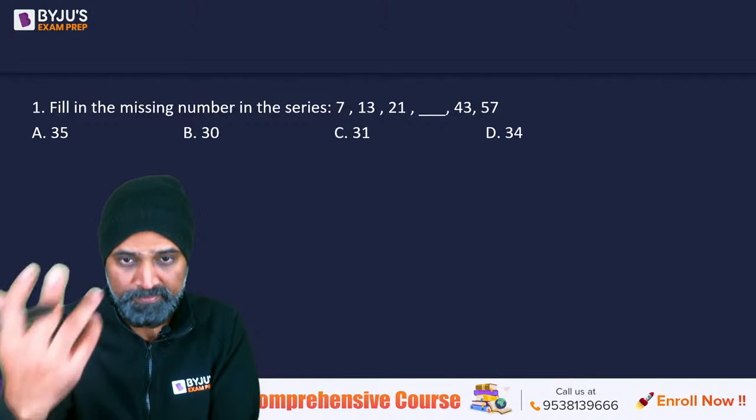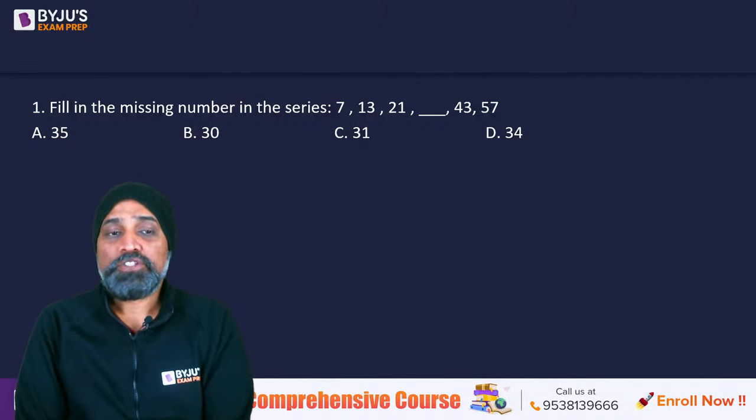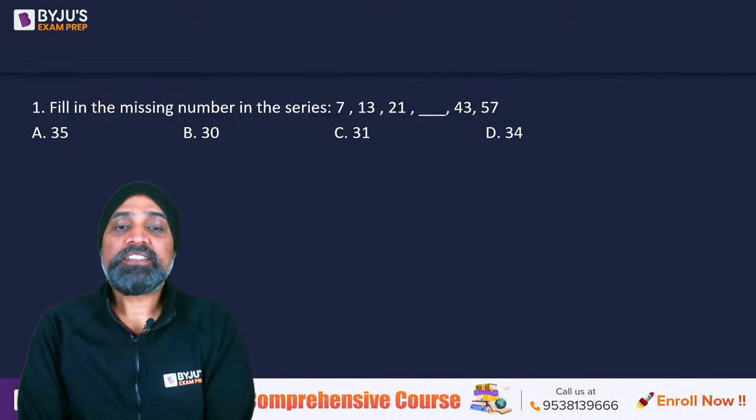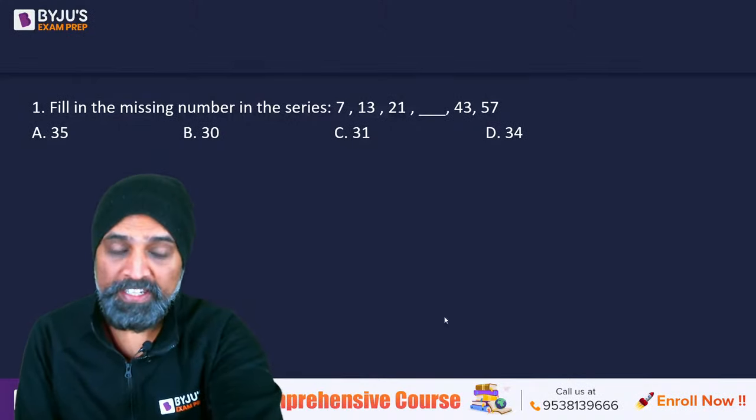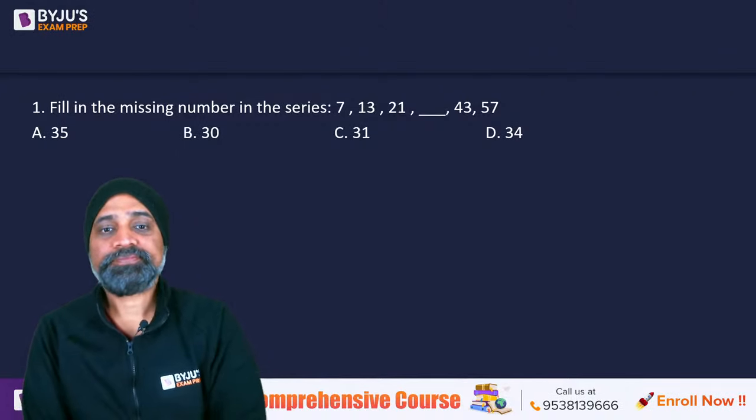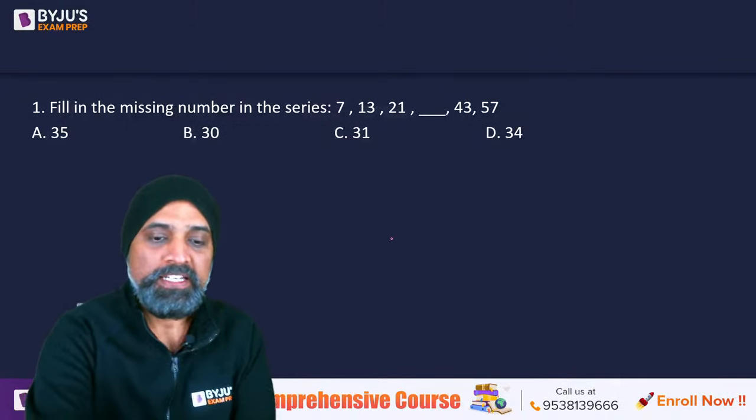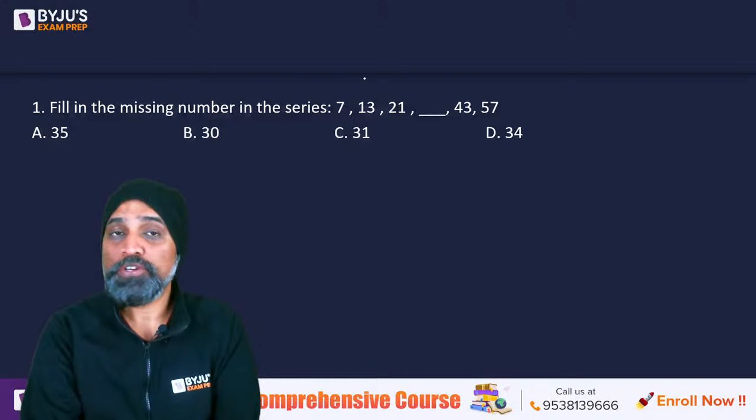So let's see. The first question is, fill in the missing number in this series: 7, 13, 21, unknown value, 43 and 57. What do you guys think the answer is? What we do in such questions is we first of all look at the difference, right?